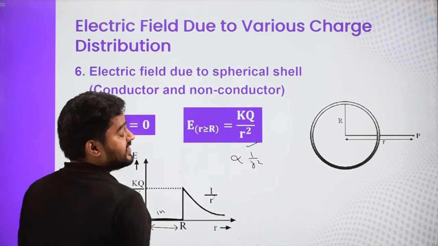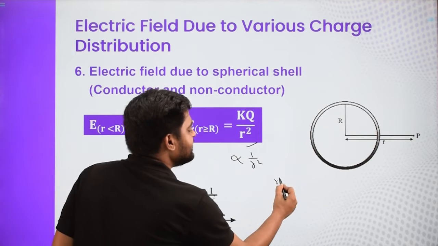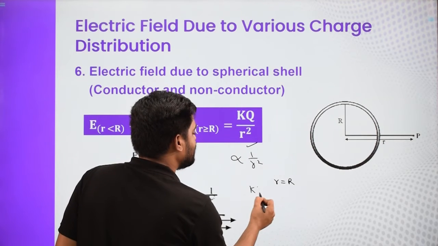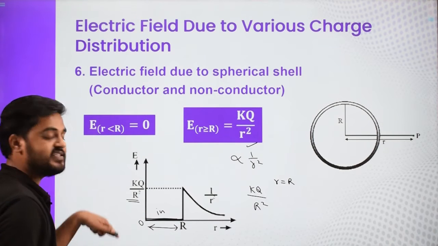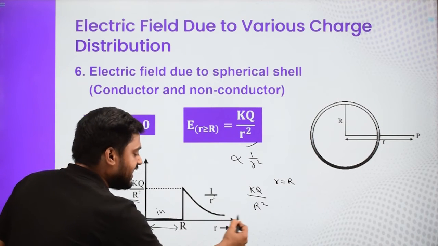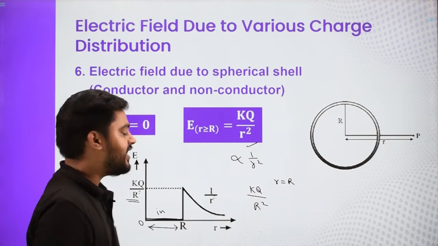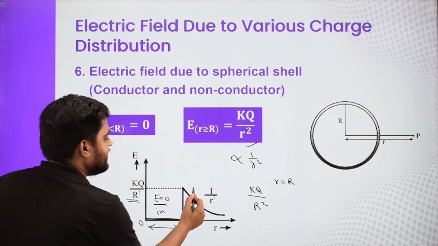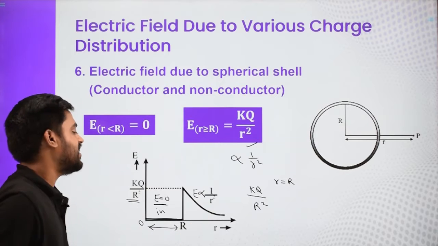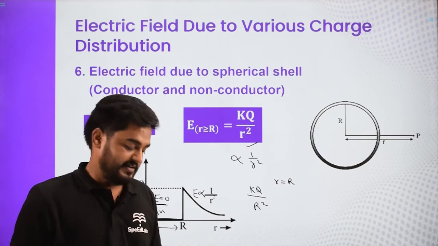At the surface boundary, put r equal to capital R, so it is KQ by R square. So it suddenly becomes KQ by R square, and then it gradually goes down towards 0, proportional to 1 by r square. So here E is 0 and here E is proportional to 1 by r square. So the graph looks something like that.